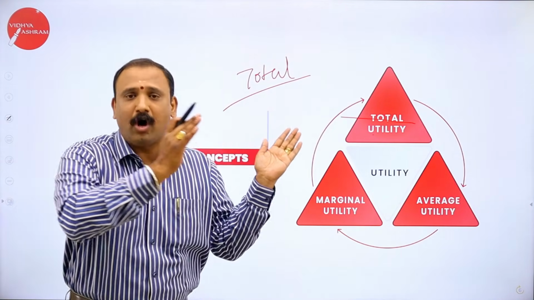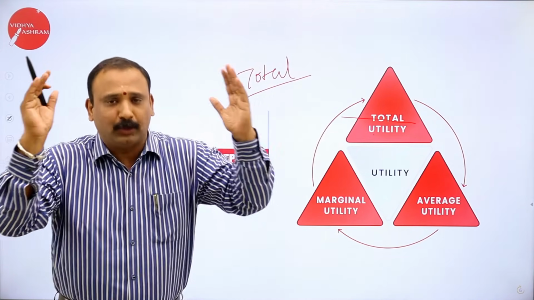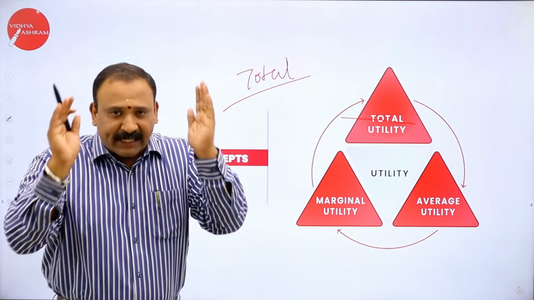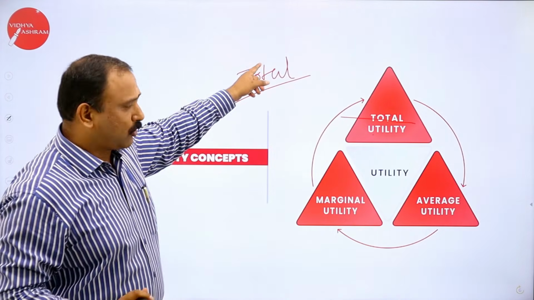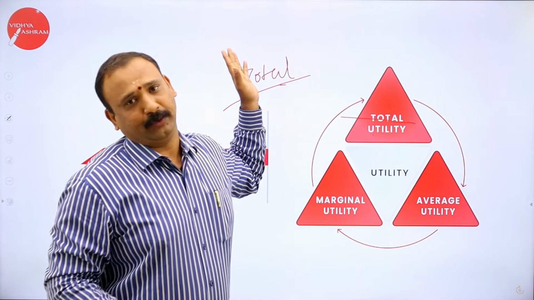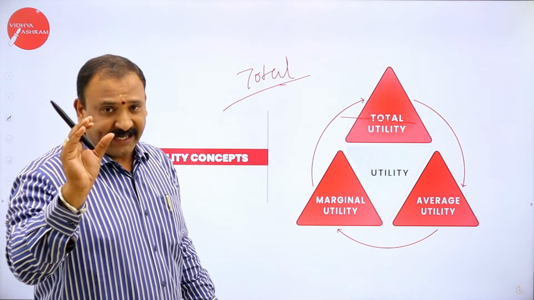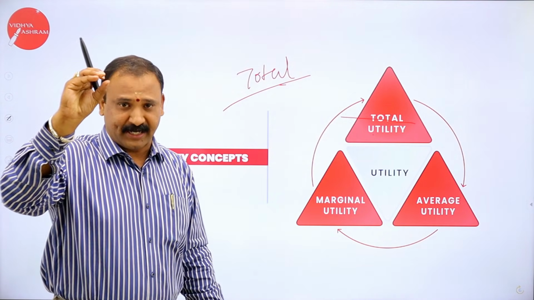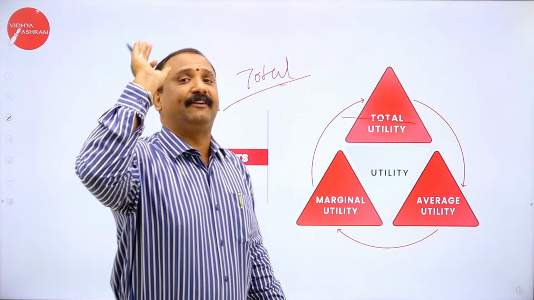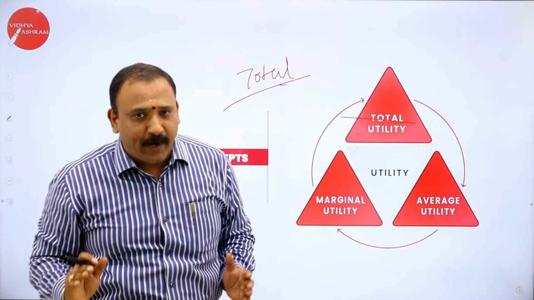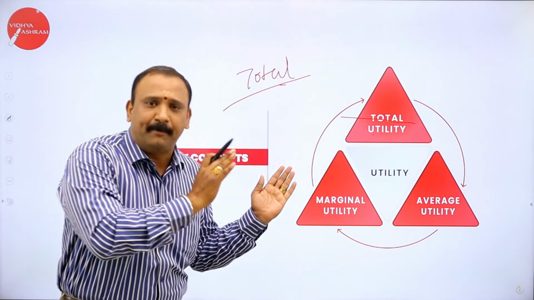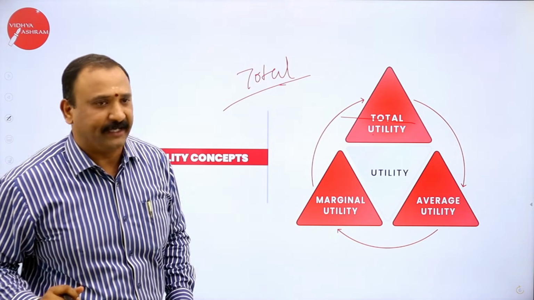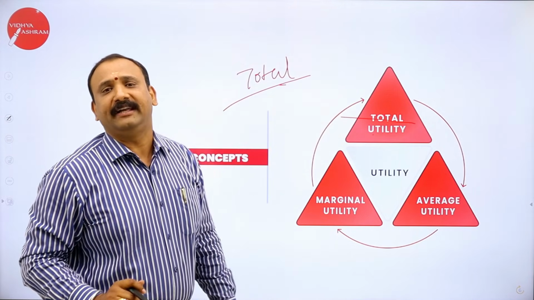But when I add all the values and put them together in a total sum value, I would call that total utility. So total utility is the sum of all utilities. You might have got satisfaction at different levels, in different places, in different situations. When you sum all the utilities together, you get the total utility value.